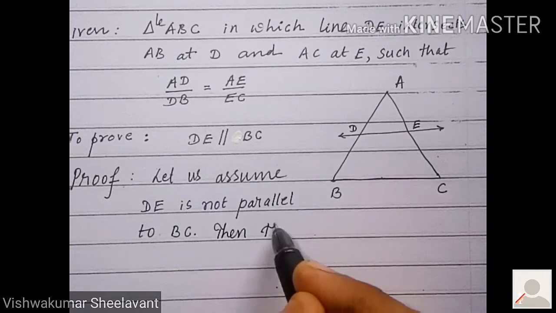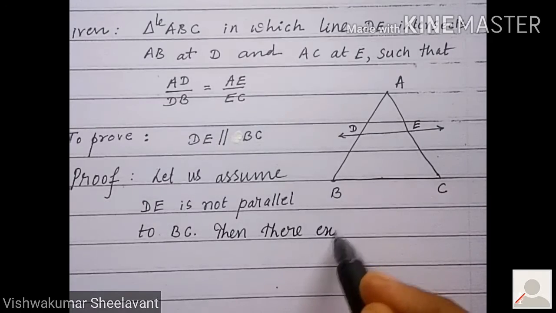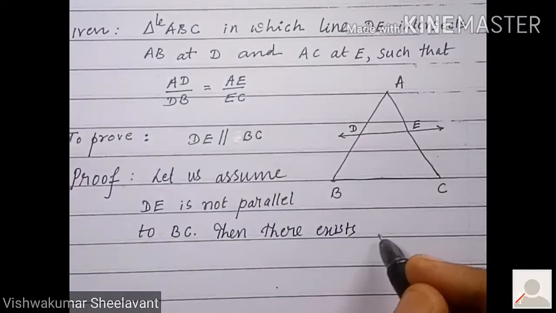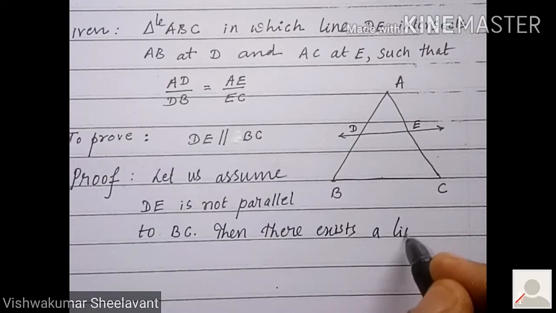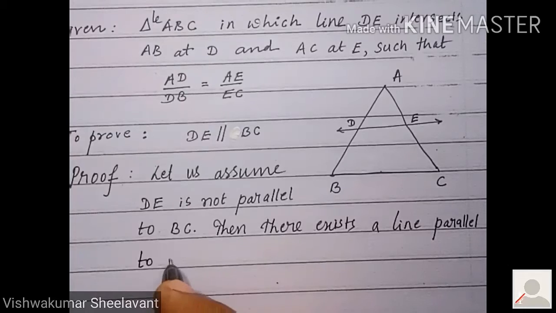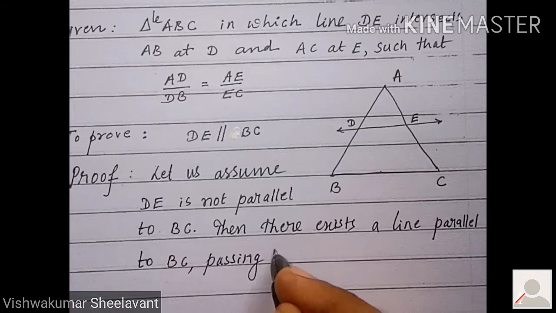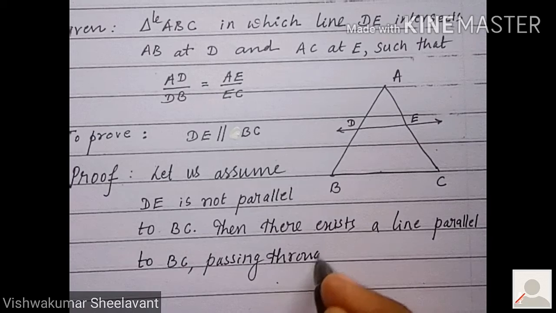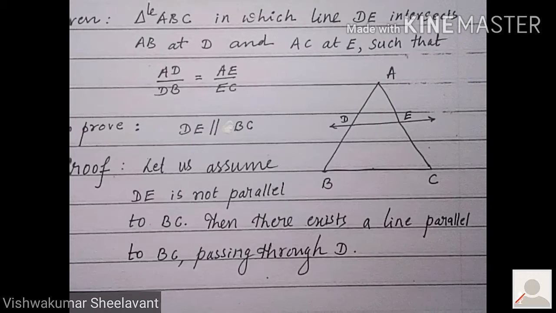Then there exists a line parallel to BC passing through D. This is what we have studied in Euclid's geometry in ninth standard.